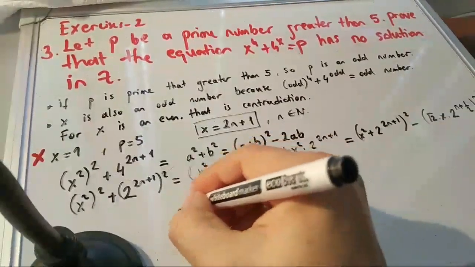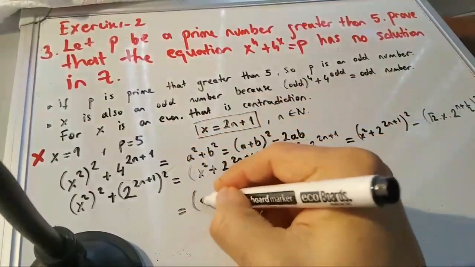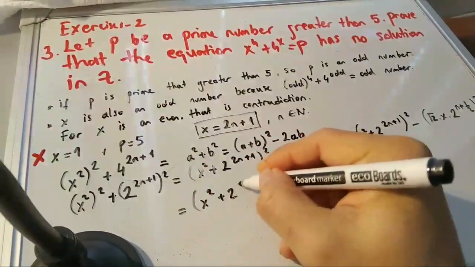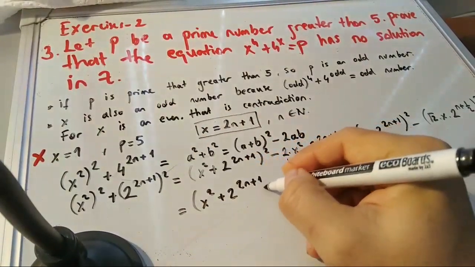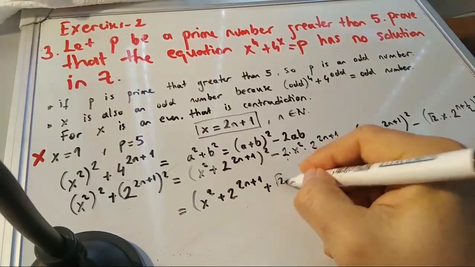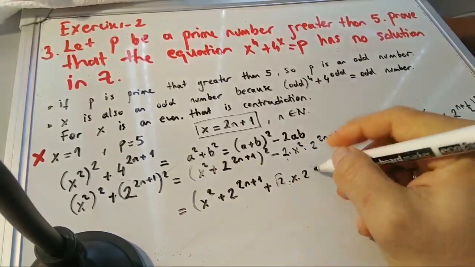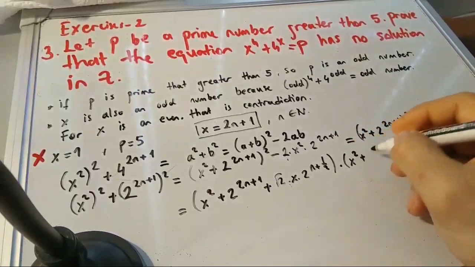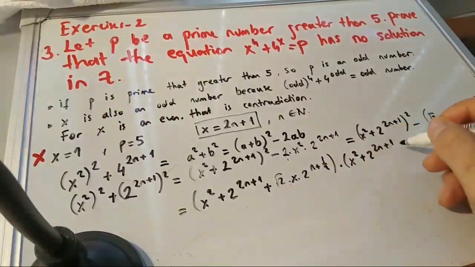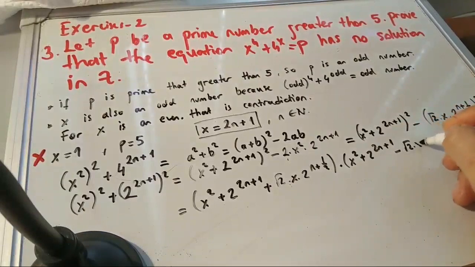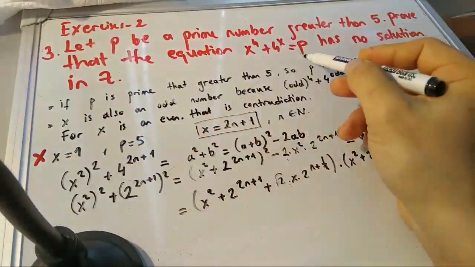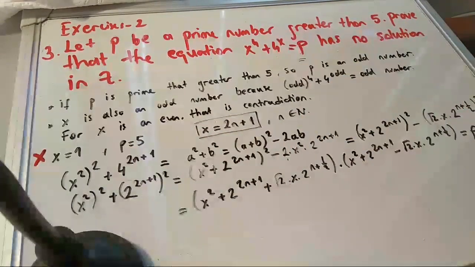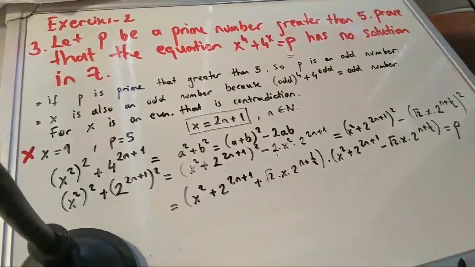So we write here: X squared plus 2 to the power of 2n plus 1 plus the root of 2 times X times 2 to the power of n plus 1 over 2, times X squared plus 2 to the power of 2n plus 1 minus the root of 2 times X times 2 to the power of n plus 1 over 2, is equal to P, which means prime.